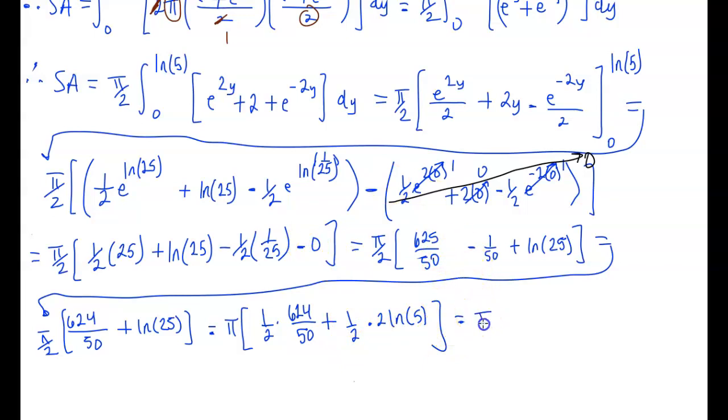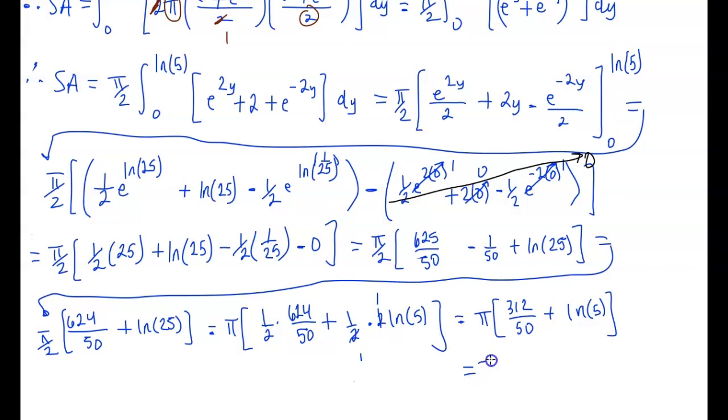So now that I have that, of course, I have pi here. And of course, half of 624 would be 312. And that'll be divided by 50, plus these 2's reduced to 1, and then I'll just have natural log of 5 there. And then lastly, we see that 312 and 50 have a common factor of 2.